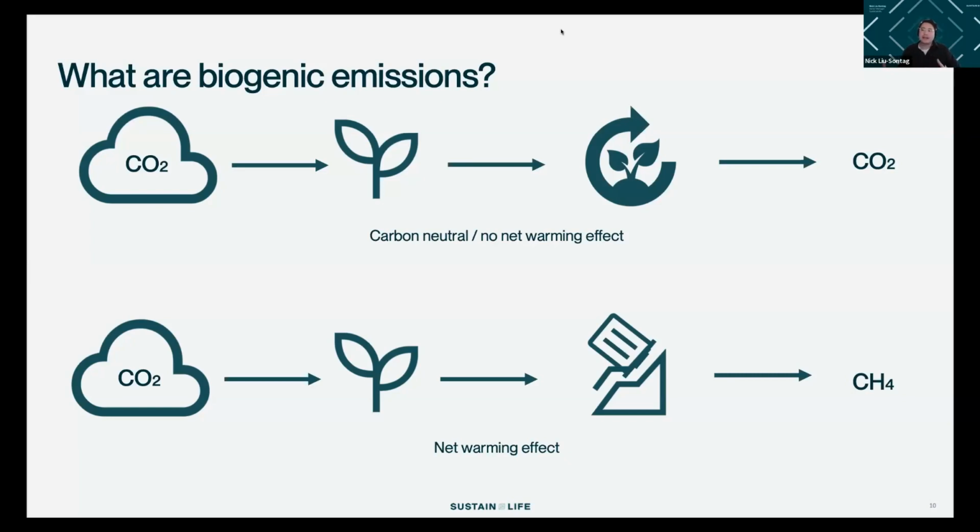And you can see that the CO2 that's released in this process was actually recently just in the atmosphere as CO2. So this is a bit of a cyclical process. And what's happened is we actually haven't added any new CO2 to the atmosphere. For this reason, biogenic CO2 is considered carbon neutral and theoretically has no net warming effect.